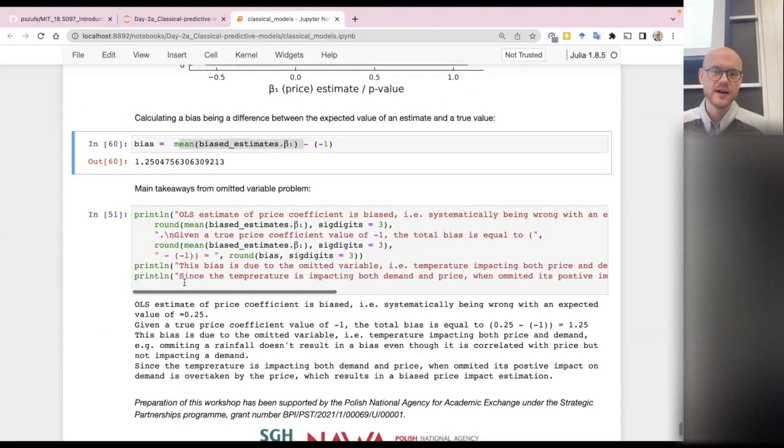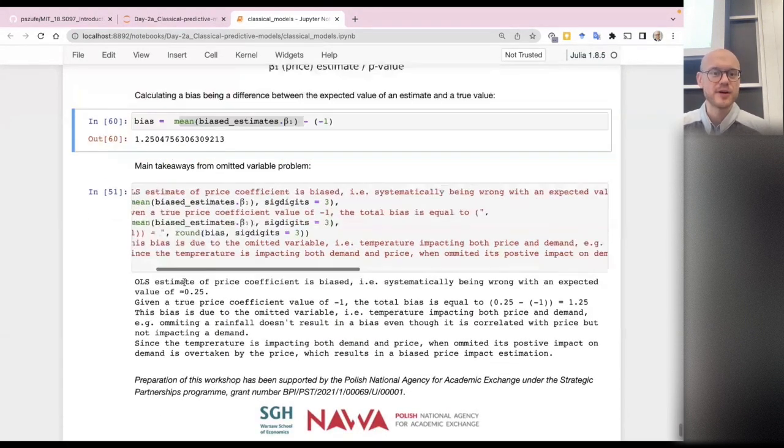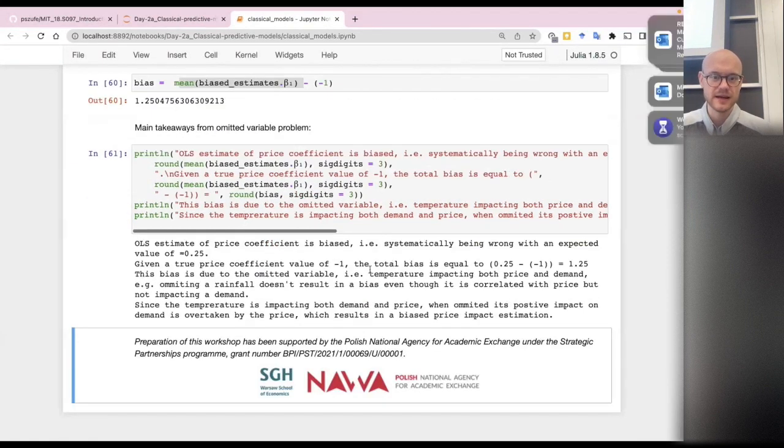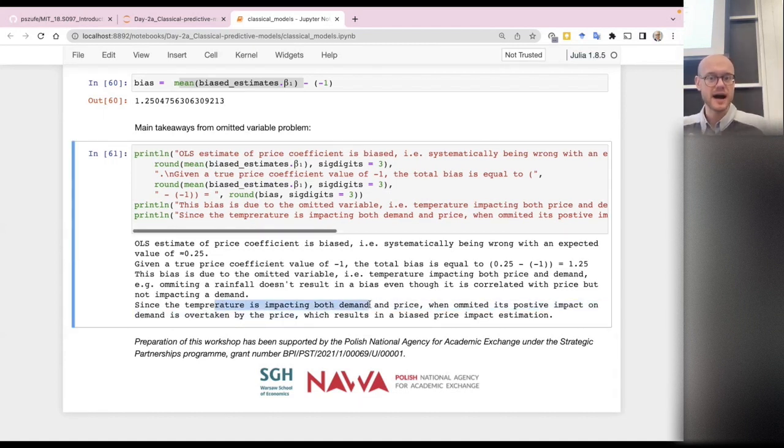And why is it a problem? The problem is also explained here: since temperature impacts both demand and price, when we omit it, its positive impact on demand is somehow overtaken by the price.